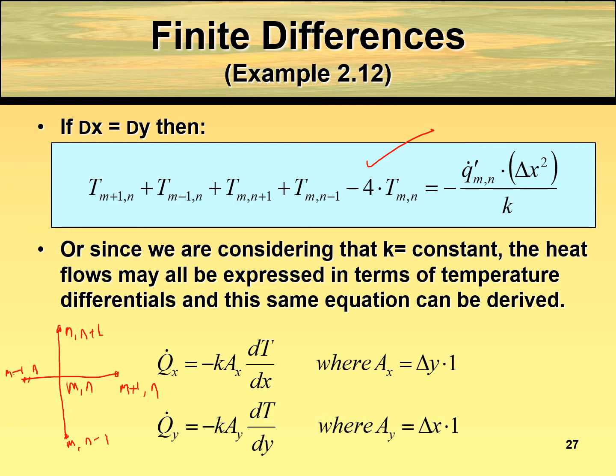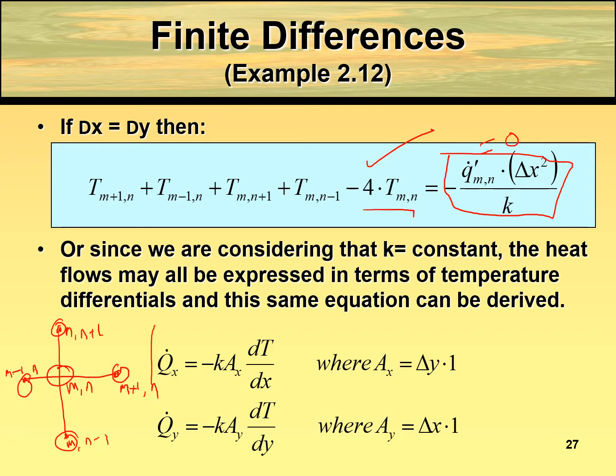If you look at the formula, it is nothing but you add this plus this plus this plus this, minus 4 of this, equals this if you have heat generation. If there is no heat generation, this equals 0. So this entire term becomes 0 if there is no heat generation. If there is heat generation, then you need to include this. We will see in our next examples how to use that.